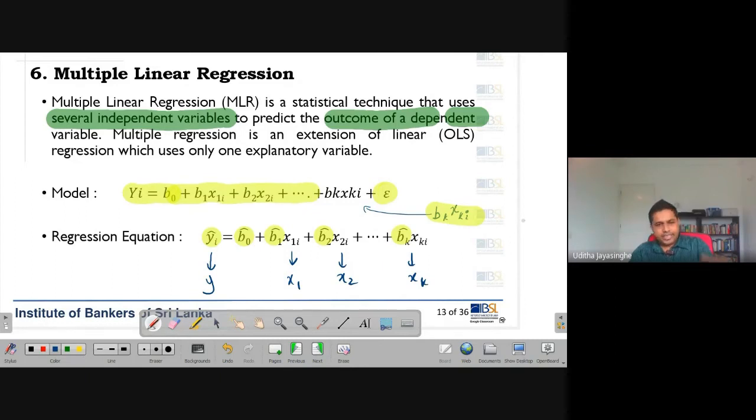Classic example, age of the vehicle, usage, mileage, and make. Likewise different variables you can bring in. Not like cost and the mileage, one scenario, but multiple variables.